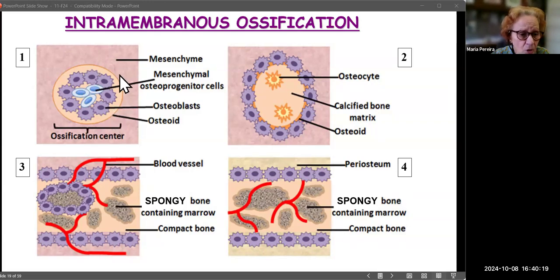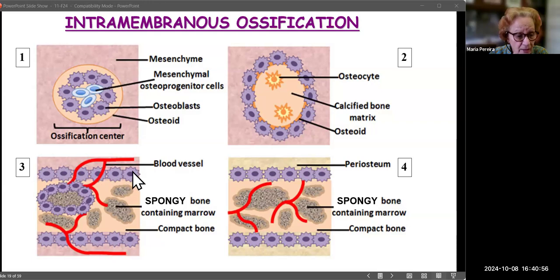Then this osteoid matrix becomes calcified, and you have the osteocytes within the calcified bone, and you still have the osteoblasts surrounding this calcified bone matrix. So this is a transition. Then you have blood vessels invading this area, and they give rise also to the spongy bone that contains the bone marrow.